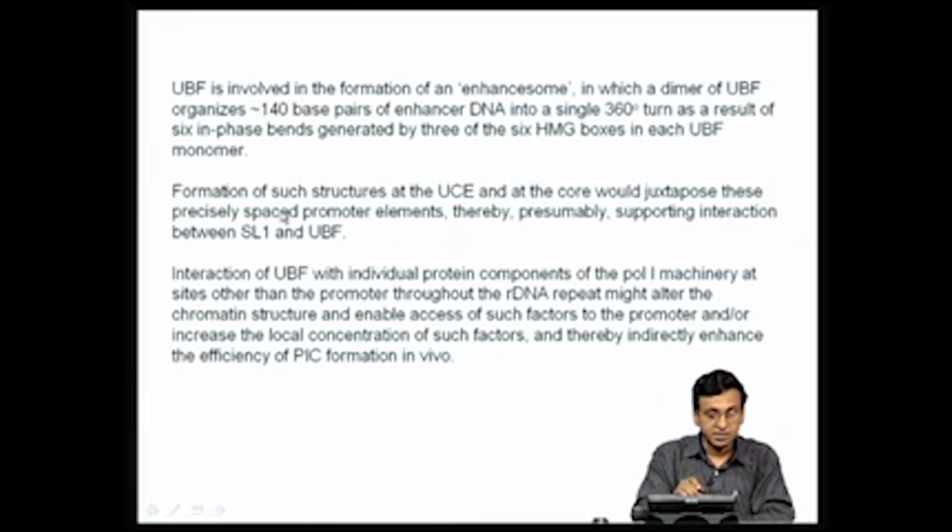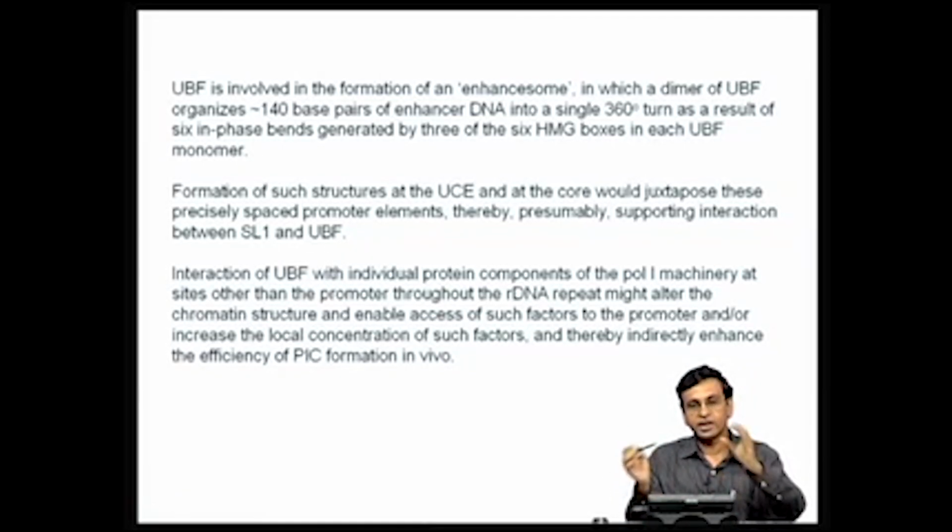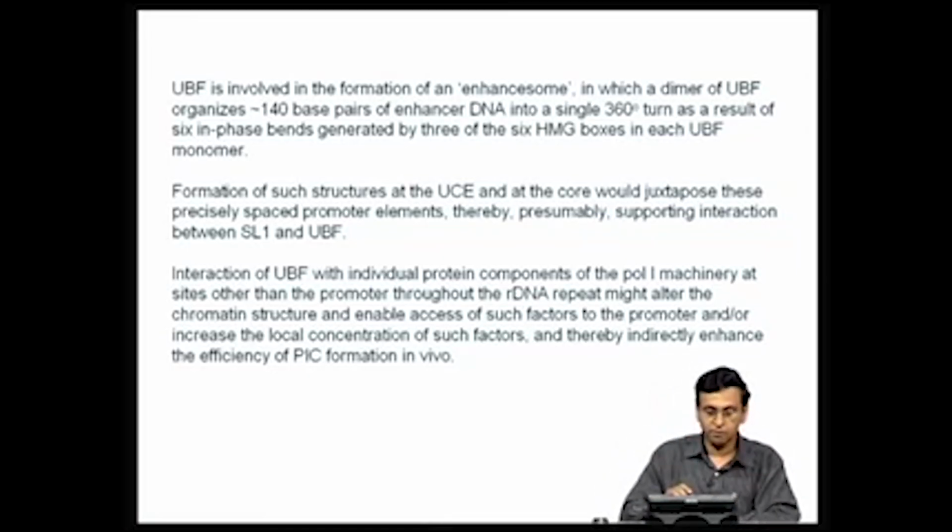Formation of such structures at the upstream control element region and at the core region would juxtapose these precisely spaced promoter elements, thereby supporting the interaction between SL1 and UBF. So, these HMG boxes play a very important role in positioning these factors in such a way that they can interact, and the spacer also plays a very important role in this.